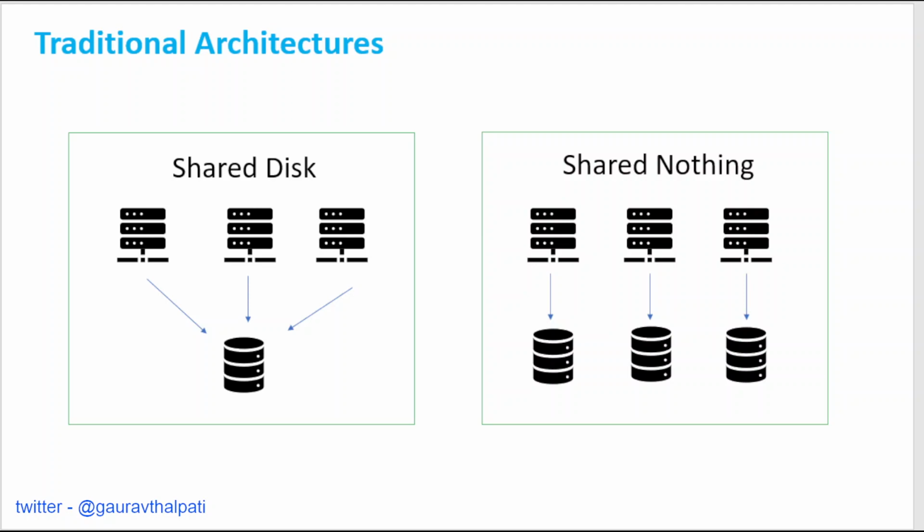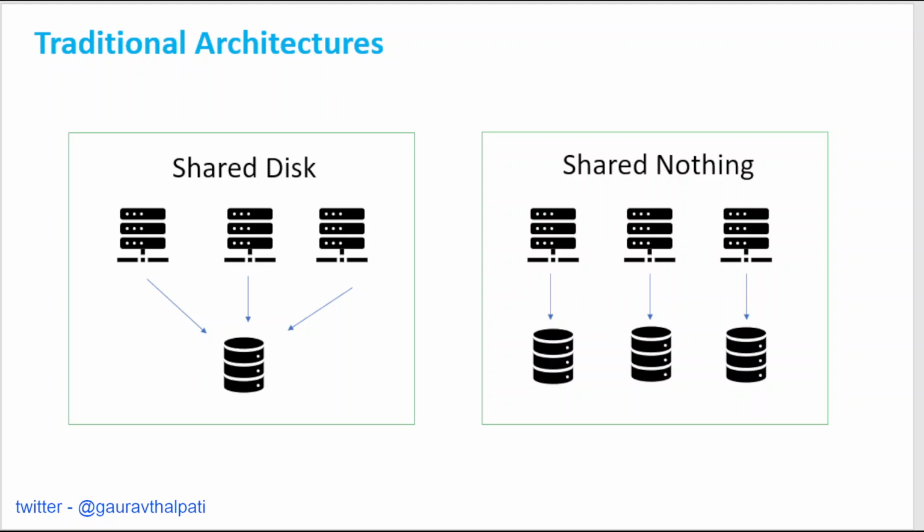Okay. And then as the technology evolved, we started getting some of the new architectures which were like shared nothing. Shared nothing as in every node would have its own compute and its own storage along with it.